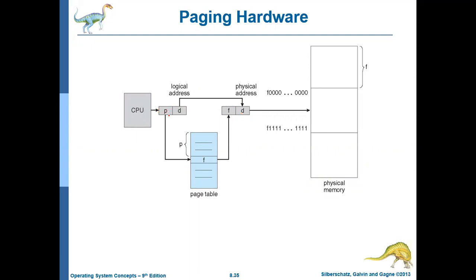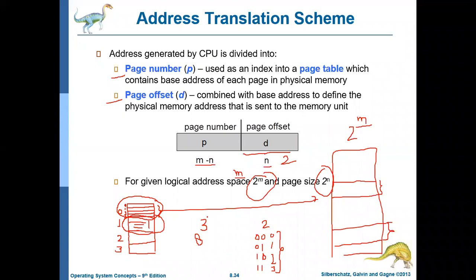The CPU is generating a logical address. The complete logical address will have 2 fields, P and D. Now this D offset will not be changed if you are placing a page in a frame. As we discussed in the last slide, these offset values go directly to the physical memory without changing the order.